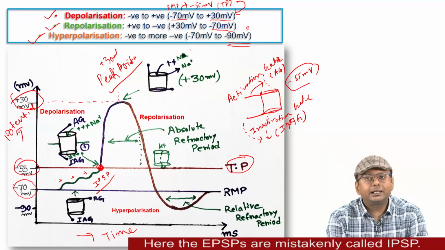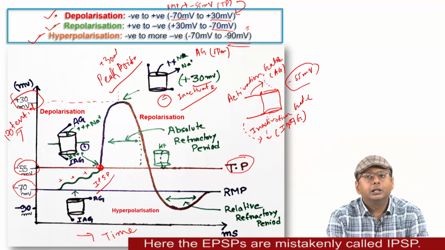The activation gate is still open, but this plus 30 millivolt basically inhibits the inactivation gate. So it will inactivate this inactivation gate, causing it to close.